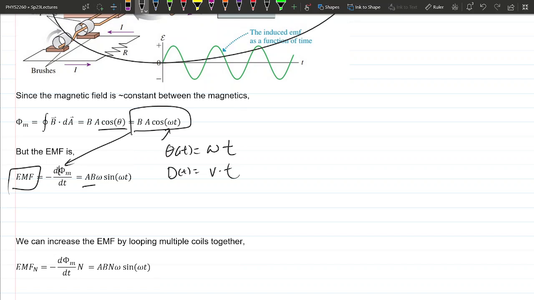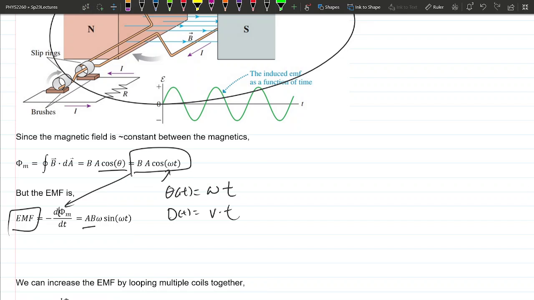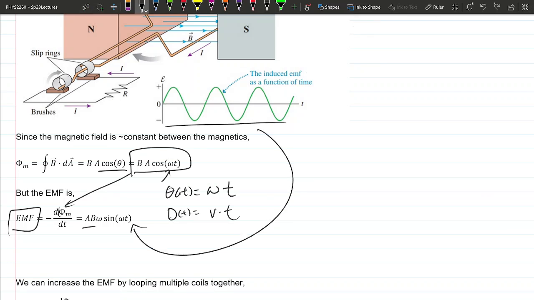So the faster you spin it, the bigger the voltage you get, the more power you get out of it, times a sine function, which is going to be oscillating up and down. And that's what this green function is supposed to be showing you right here.